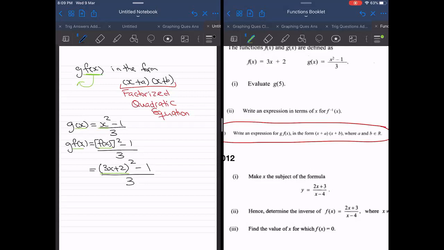Is everybody on board up to this point? Okay, so after this, guys, this one has nothing to do with functions. After this is just algebra.